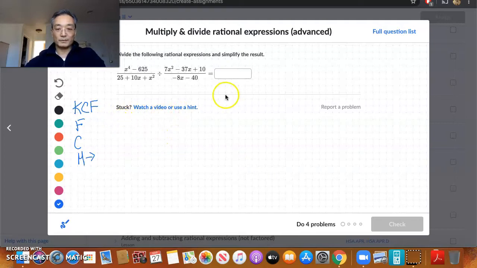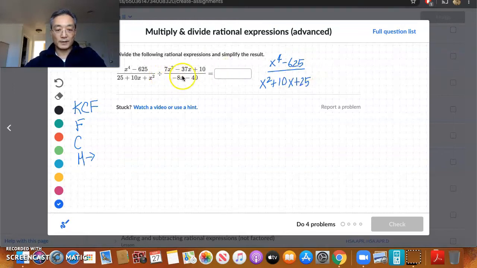So I'm going to write that up here. x to the fourth minus 625 over, and while I'm at it, I'm just going to rewrite this in standard form, x squared plus 10x plus 25.